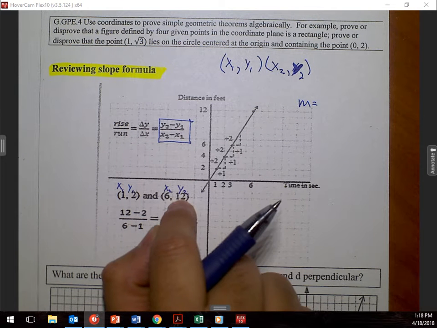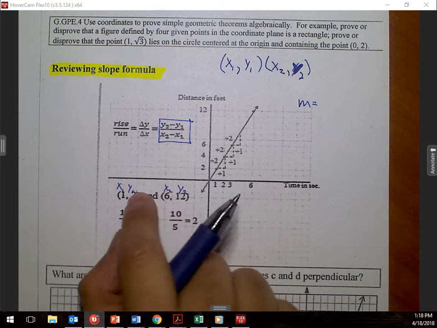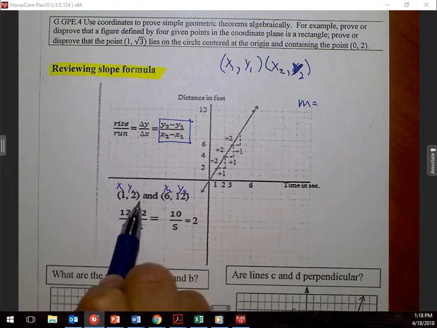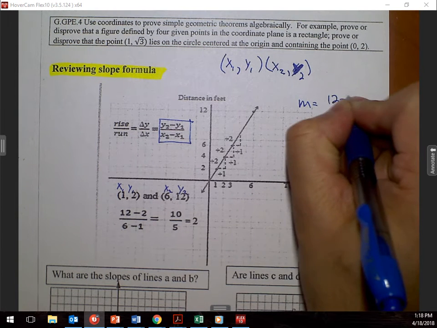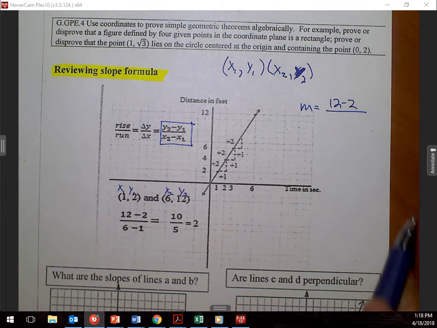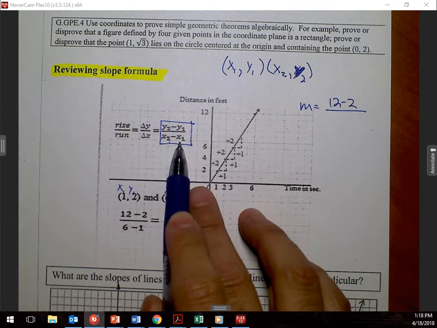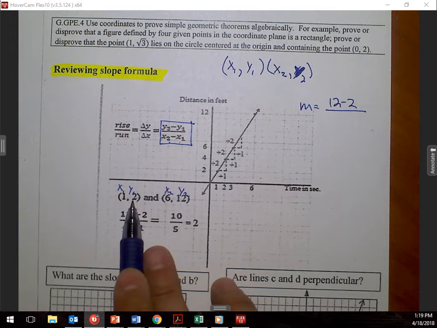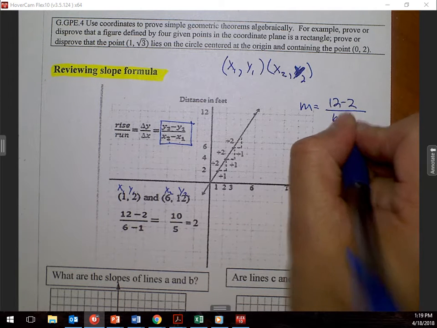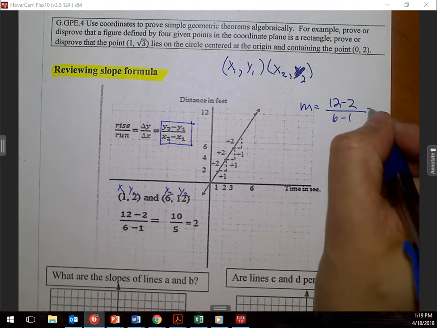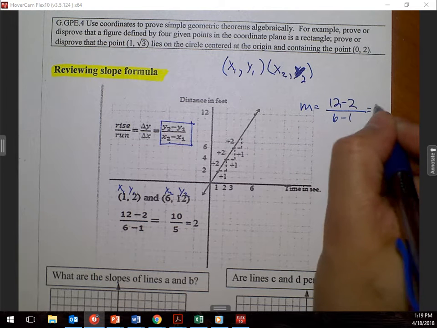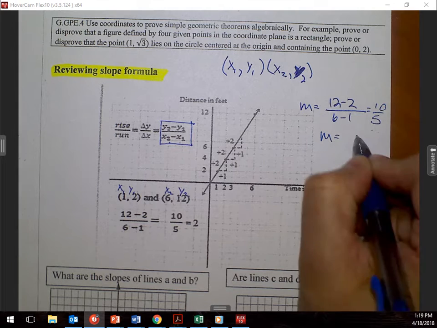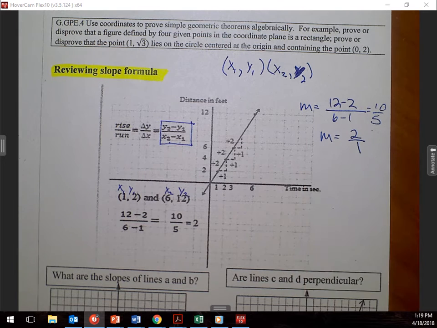So y2 minus y1 is 12 minus 2, over x2 minus x1, which is 6 minus 1. I end up with 10 over 5, so my slope is 2 over 1.